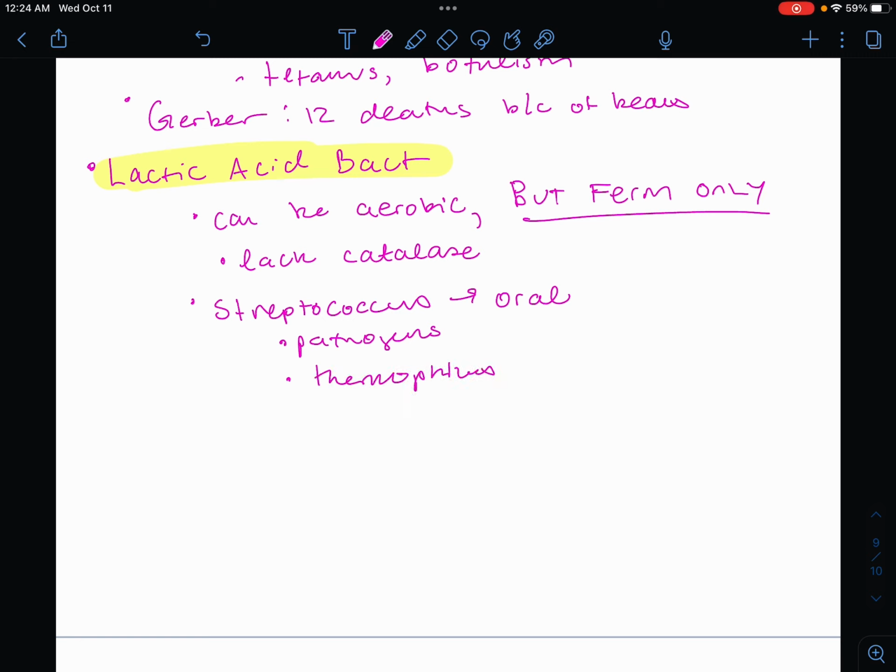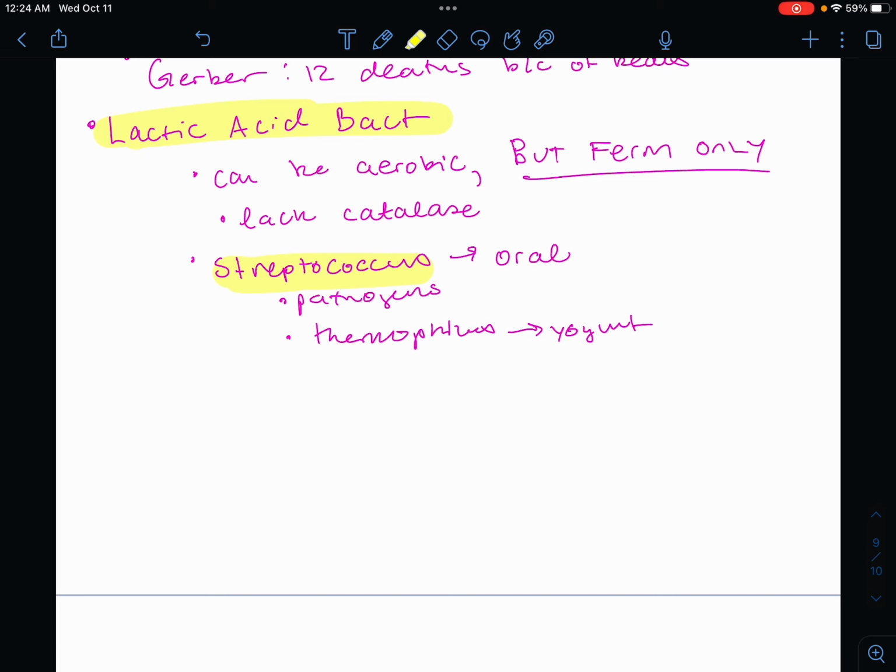So Streptococcus thermophilus actually makes yogurt. And then, of course, Streptococcus are chains. Staphylococcus are grapes. So that's kind of a way to determine between those two genera. I'm going to highlight that as well. Okay, there we go.